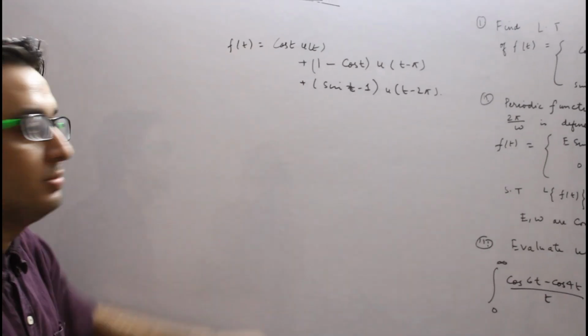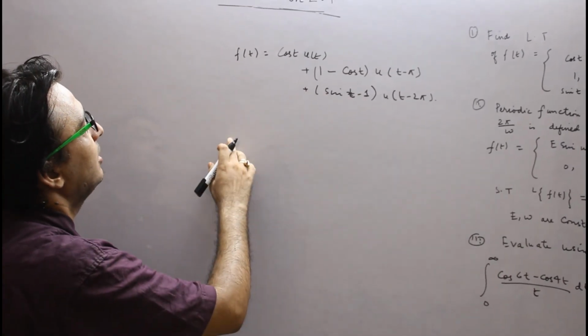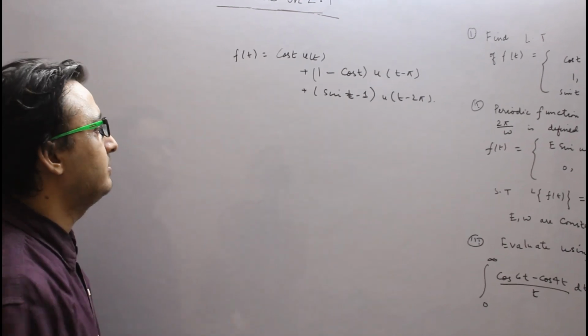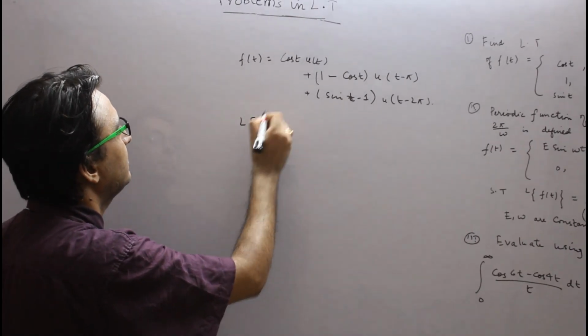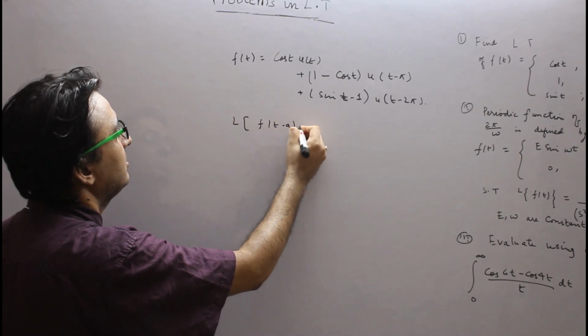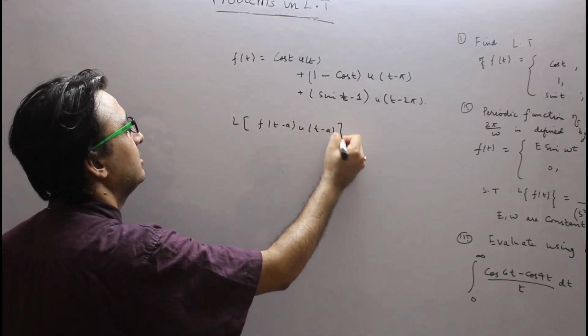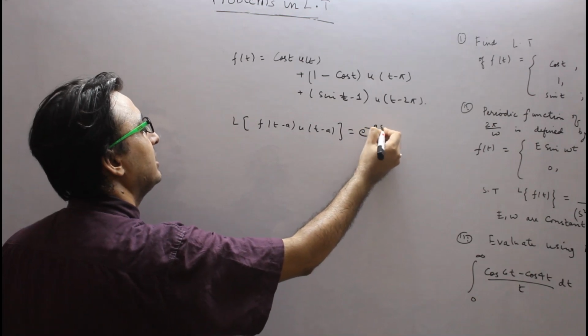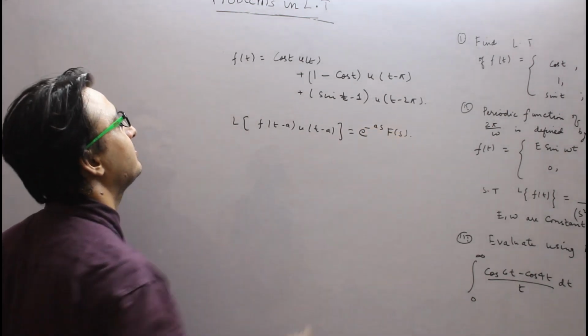So this is the value. Now, before we use that property, let me write the property: f(t minus a) u(t minus a) is equal to e to the power minus a s times F(s).